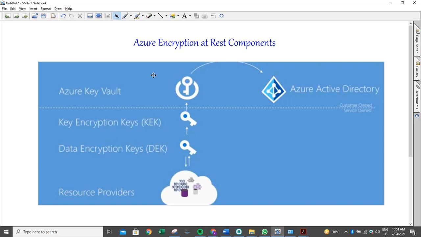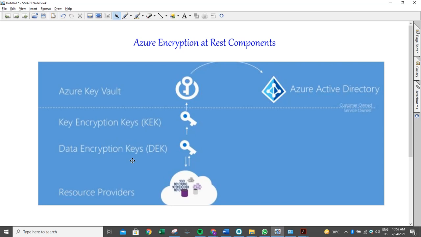We will be applying more than one key during the encryption process. Particularly in an encryption at rest implementation, we will be using more than one key. Storing an encryption key in Azure Key Vault ensures secure key access and central management of keys. Azure encryption at rest is made up of two different keys: key encryption keys and data encryption keys.